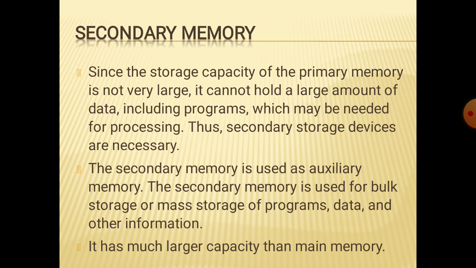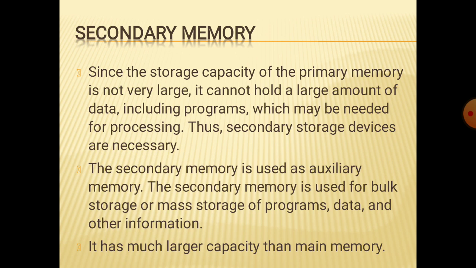For that reason it is called main memory. Similarly, your secondary memory is also called auxiliary memory. Remember the different names of the memories. Your primary memory is also called main memory, whereas your secondary memory is also called auxiliary memory.